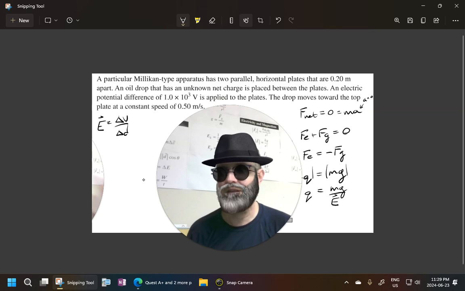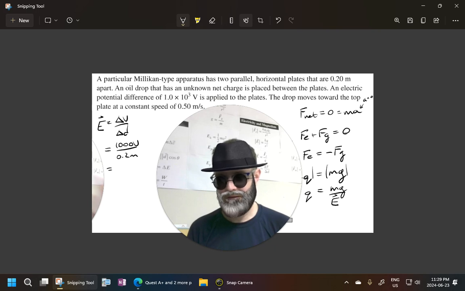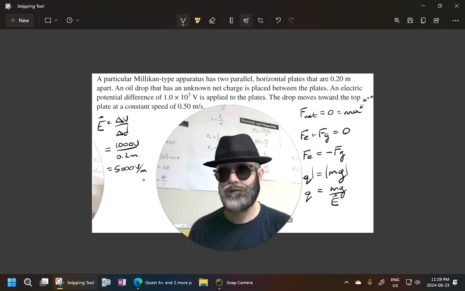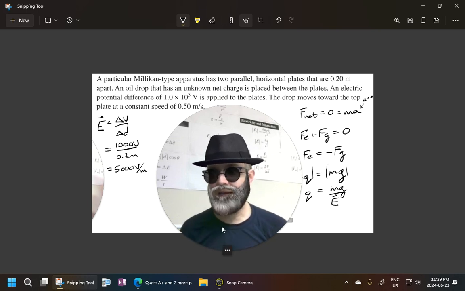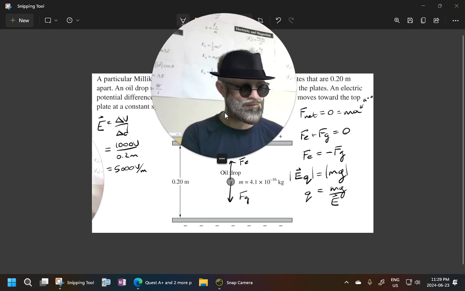So this is going to be 1,000 volts divided by 0.2 meters, because that's the distance between the plates. So 5,000 volts per meter. Okay, so now we know that. I could take that over to this other side with my mass.